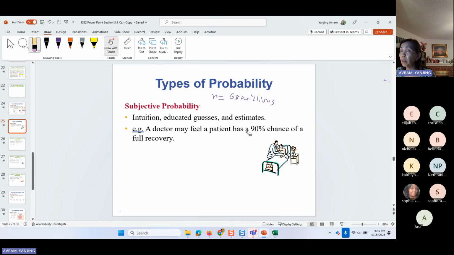And this subjective probability, of course, 90% is not always correct. Maybe sometimes more than 90% will get a full recovery, and it depends on the patient's physical history. Some people got 90%, some people probably got 95%, some people might just get 80%. If you have the same injury, but depending on the person's history, they might have a different percentage. But that is the doctor's best guess. So that is called subjective probability.